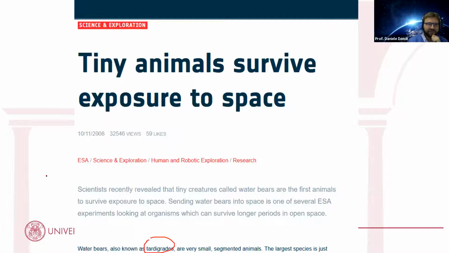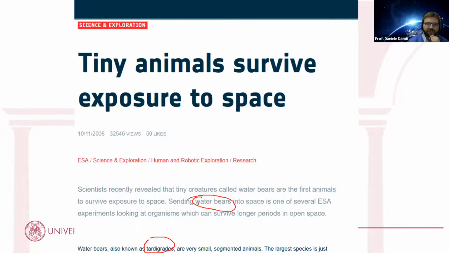So they are not damaged when they are in the dry mode. In any case, they are more or less the most complex organisms that we know that can survive like this, because the others were bacteria. These are multicellular organisms of some millimeters in length. They are also called water bears.